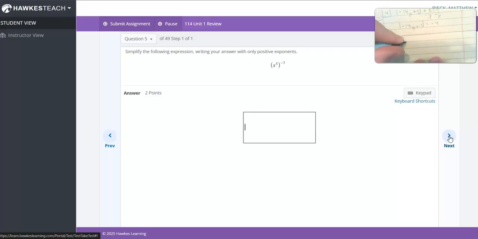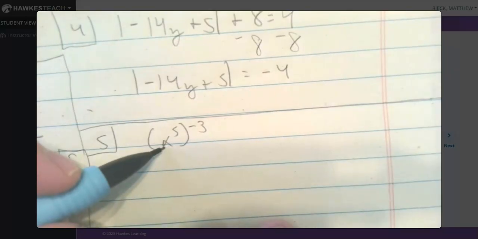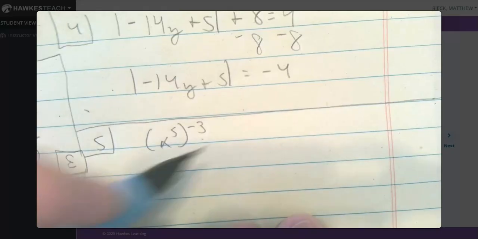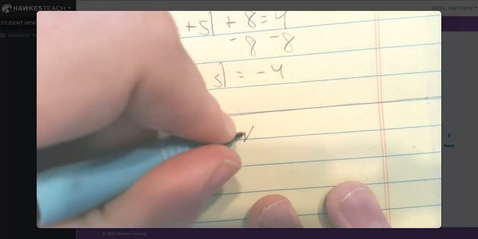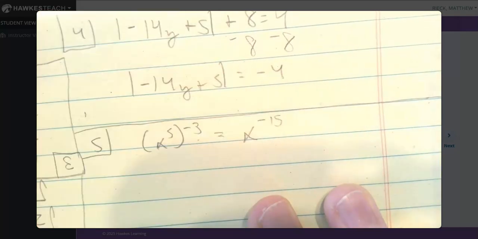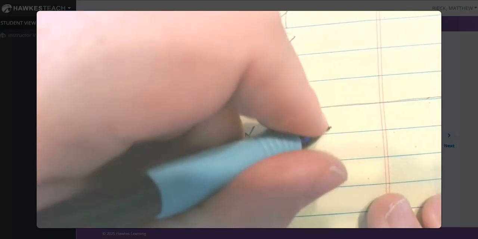All right, so the next one here, you have x to the fifth, to the -3rd, and we're asked to simplify the expression and write the answer with only positive exponents. All right, so first, if we have an exponential expression that is raised to a power, we can multiply the powers. So here you'd have 5 times -3, which would be -15. All right, and again, we want this to be written with a positive exponent.